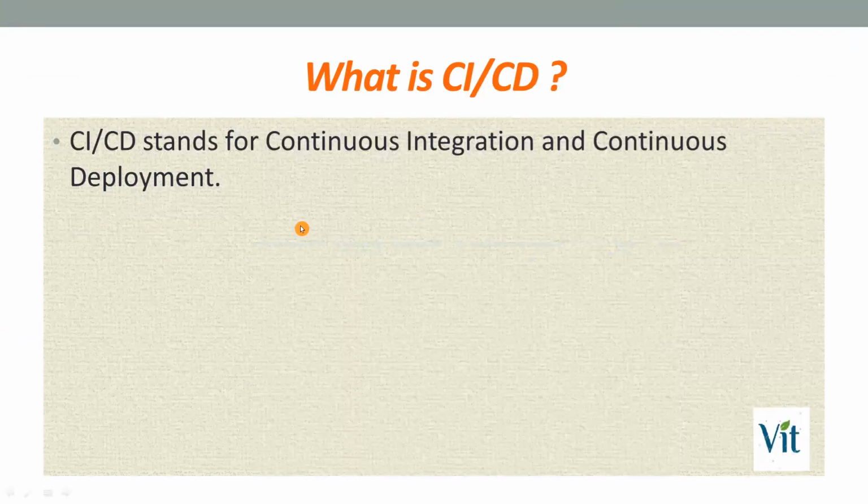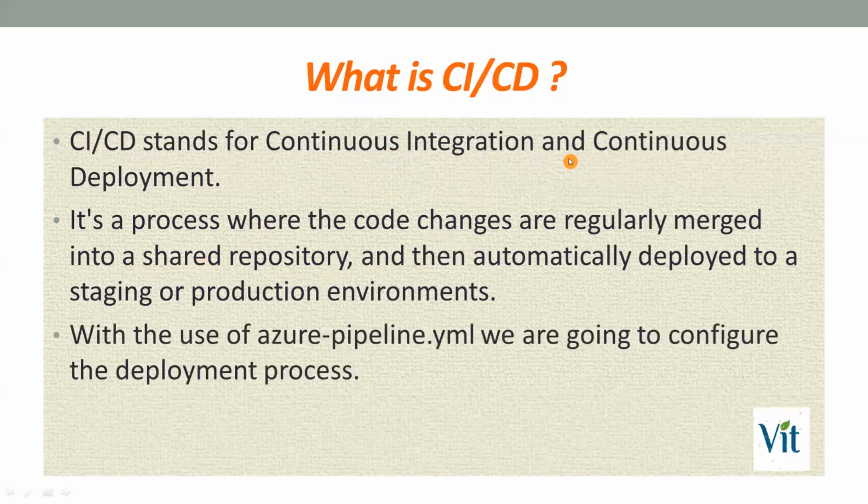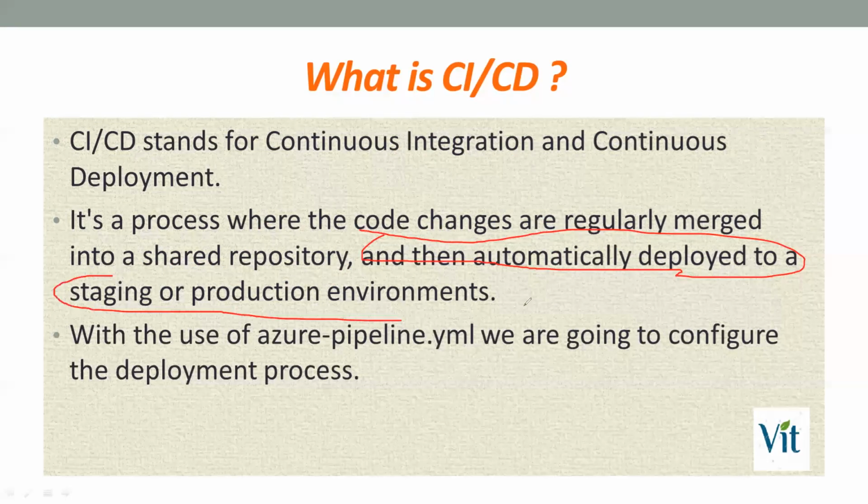Now, CI/CD stands for continuous integration and continuous deployment or continuous delivery. It is a process where code changes are regularly merged into your shared repository and automatically deployed into staging environments or production environments.